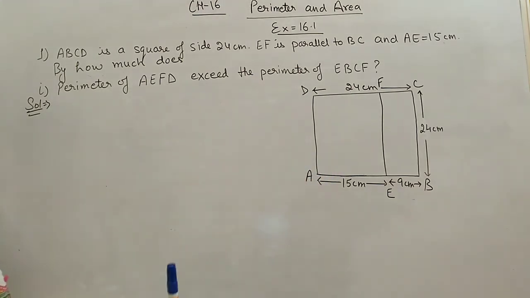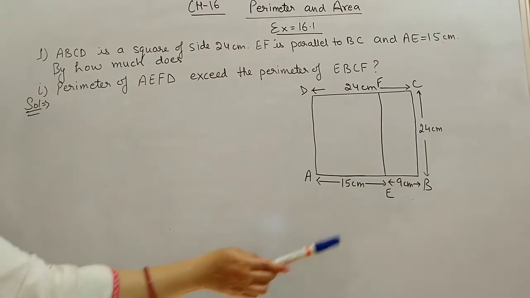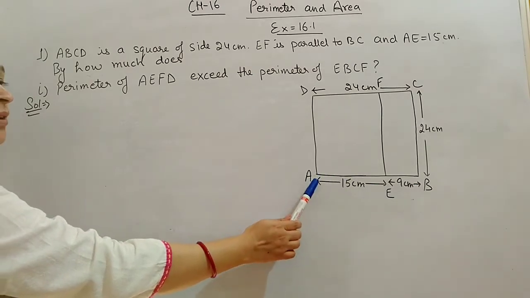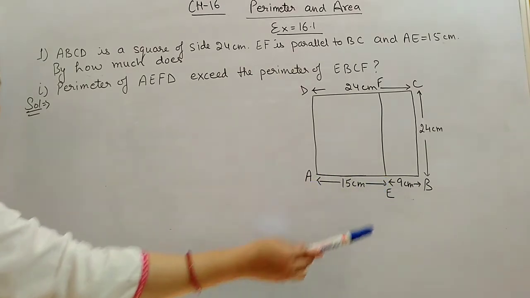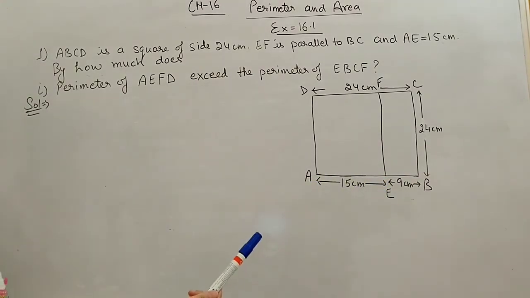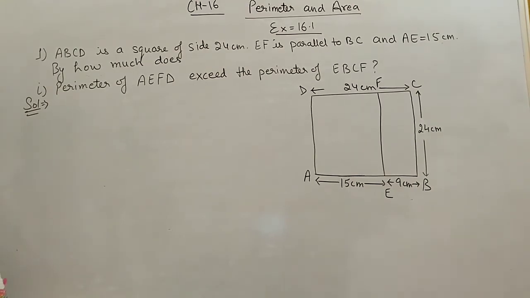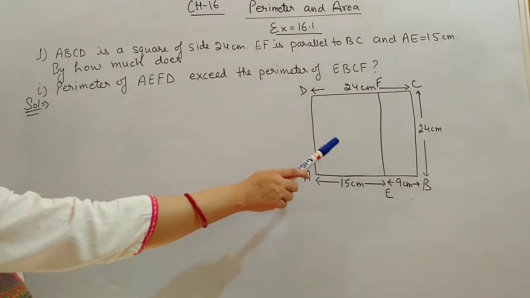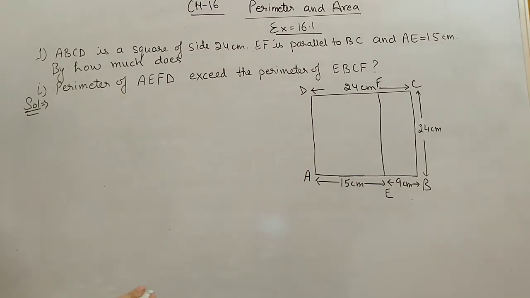All four sides are 24 centimeter and this EF is parallel to this line BC. Here to here it is 15. It means the remaining will be 24 minus 15, 9 centimeter. And then you have to find out the perimeter of this first rectangle and that other rectangle. And later on we have to take the difference between the perimeters of these rectangles.